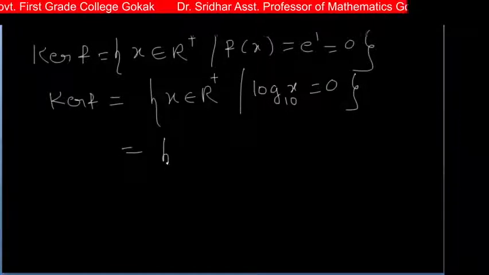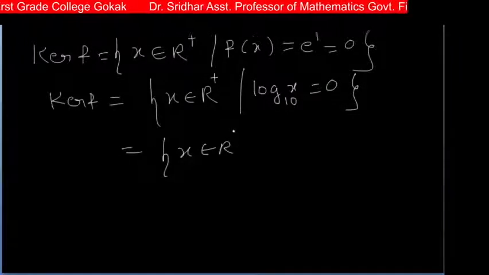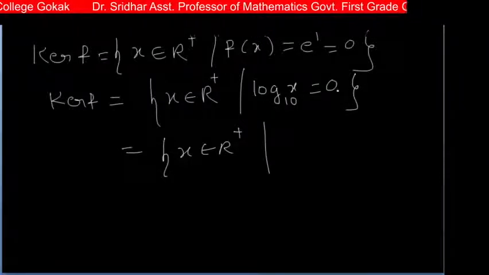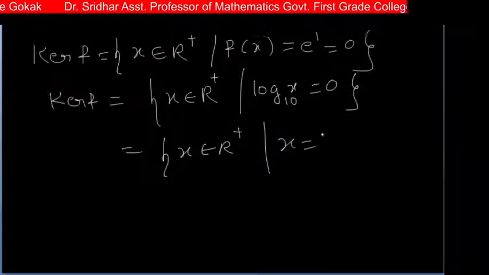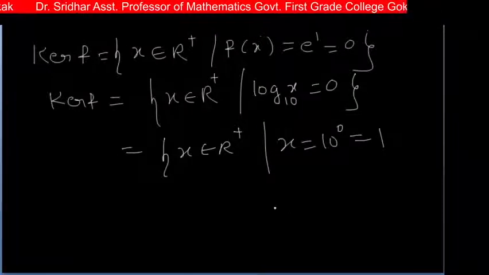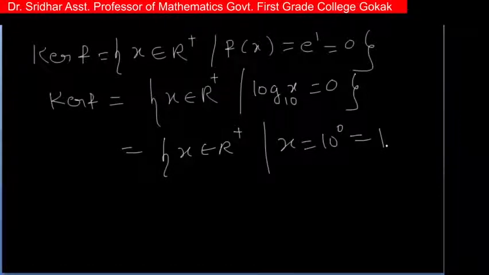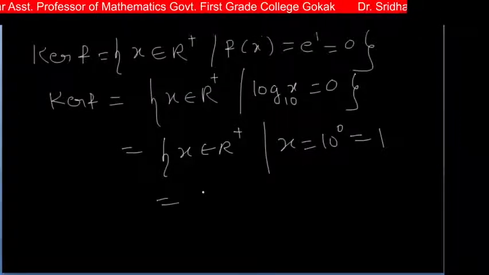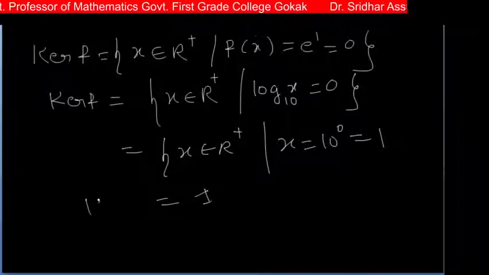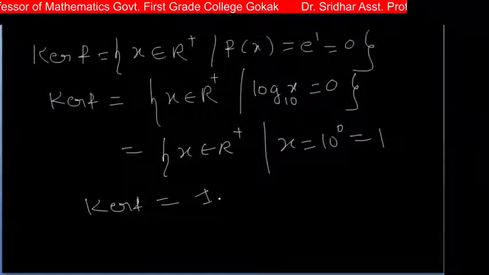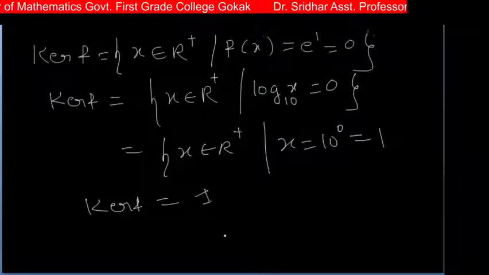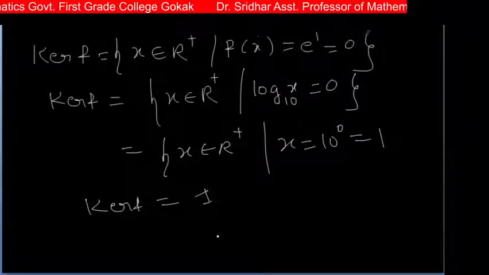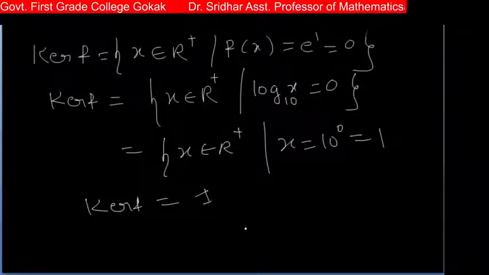Which implies x equals 10 to the power 0, which is 1. So x equals 1, and therefore the kernel of f is equal to 1. This is how we find the kernel of a homomorphism.